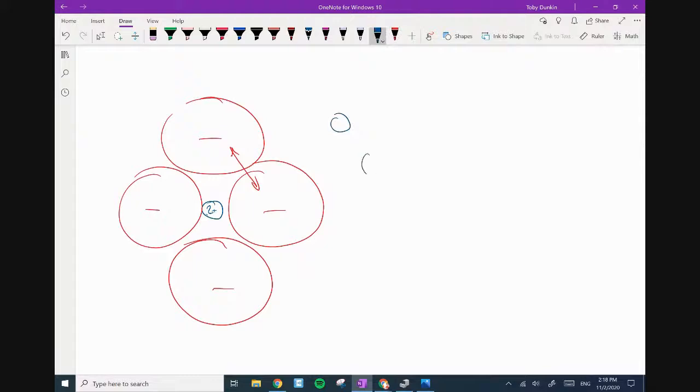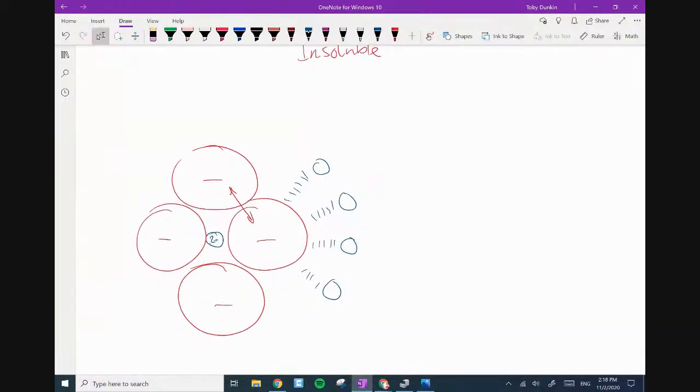Plus, when water comes along and forms its ion-dipole attractions, otherwise known as the enthalpy of hydration, there's more exposed for them to be able to make those initial bonds. Does that make sense? Which means more energy can go into the lattice, making it easier to break it.